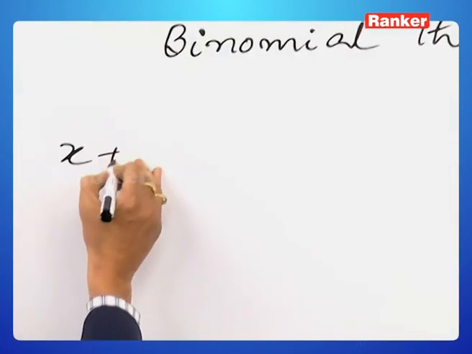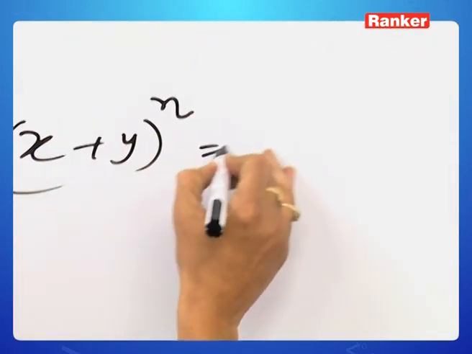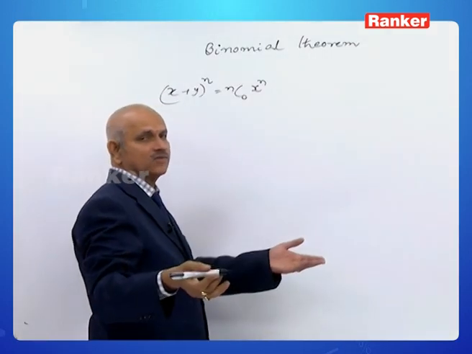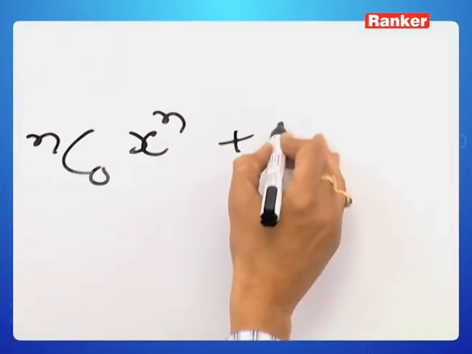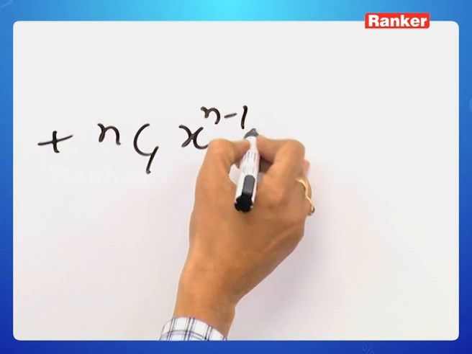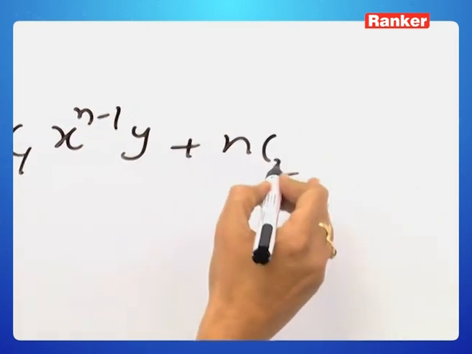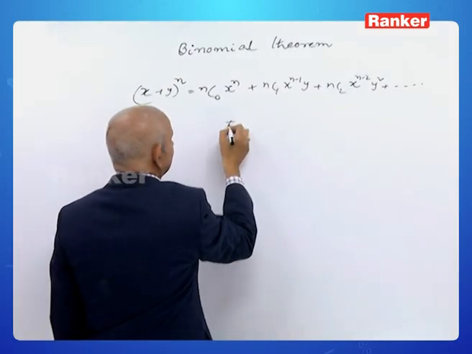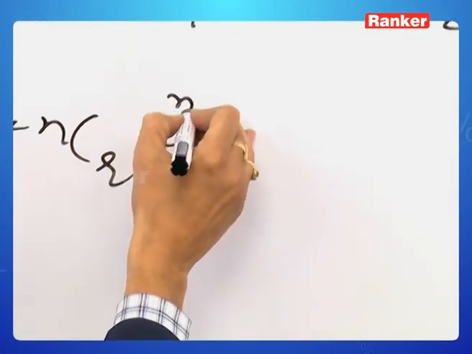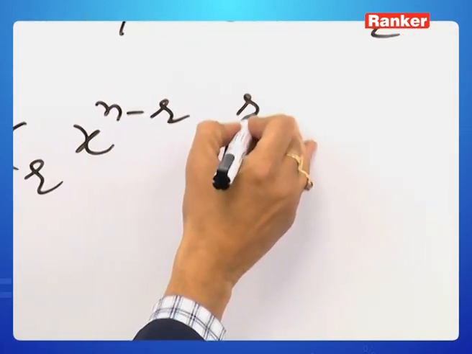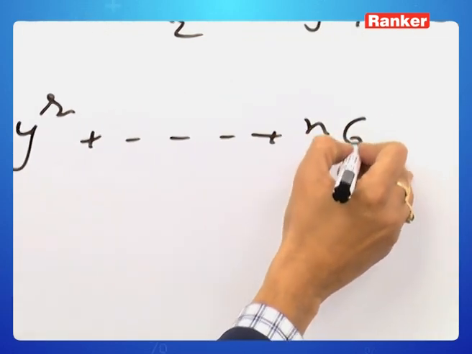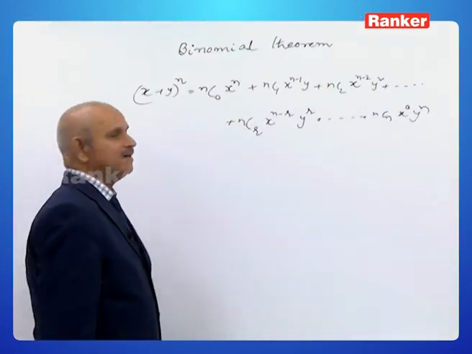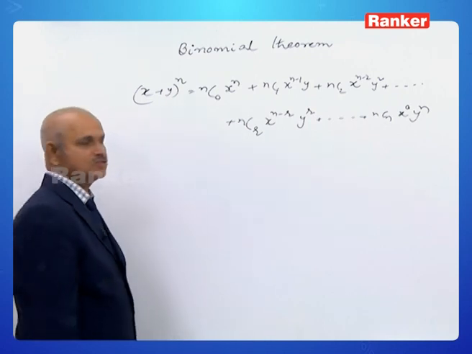It is (x plus y) to the power of n equals nC0 x to the power n (y to the power 0, of course, I am not writing), plus nC1 x to the power n minus 1 y, plus nC2 x to the power n minus 2 y squared, and so on, plus nCr x to the power n minus r y to the power r, and so on, plus nCn x to the power 0 y to the power n. What are the things that must be noted in this expansion?